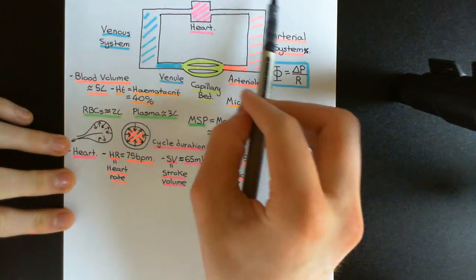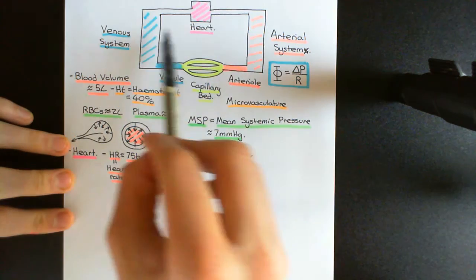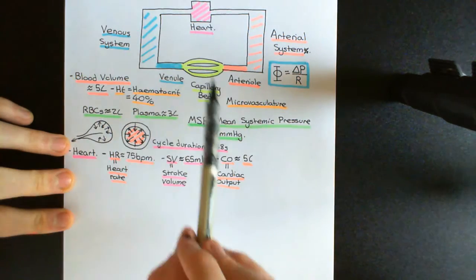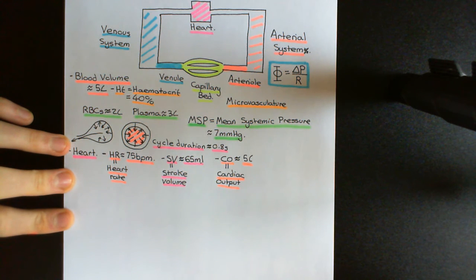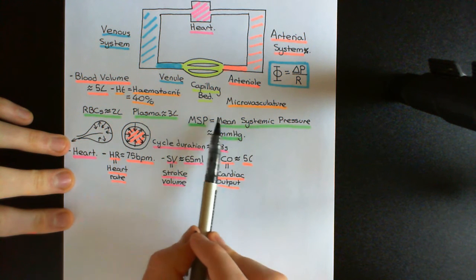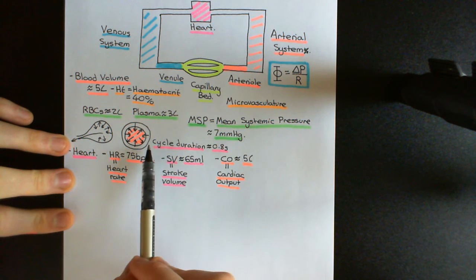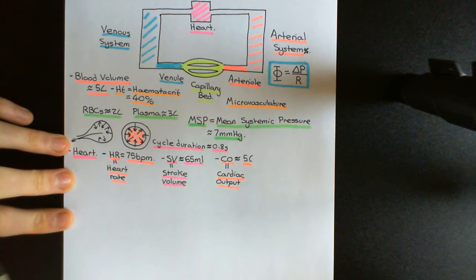If you waited long enough, of course, it would have all moved back from the arterial system to the venous system, and you would have returned to this beautiful steady state where there's just 7 millimeters of mercury pressure everywhere. However, you don't return to the initial state in 0.8 seconds between the two beats.